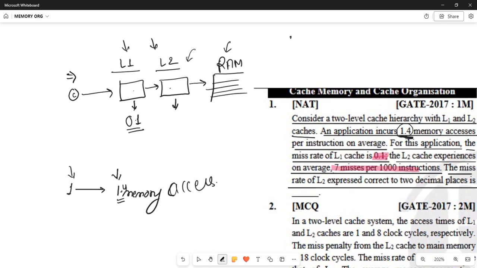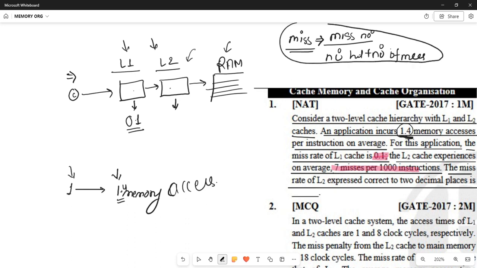So what is miss rate first of all? What is average miss rate here? Miss rate is nothing but number of misses upon number of hits plus number of misses. Easy concept, nothing too new here.